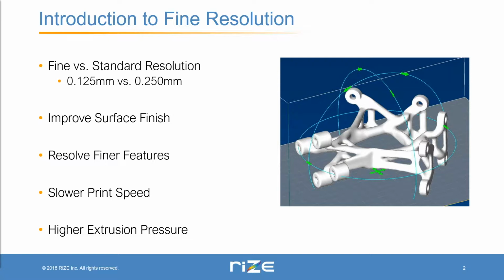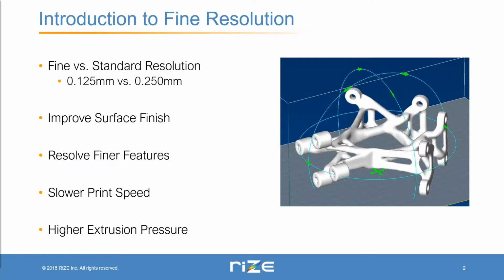So this is only the vertical resolution. The horizontal resolution can be much higher, but it's also limited by the minimum thickness of individual toolpaths, which is approximately 400 microns. So some of the things that using fine resolution can help you to accomplish is to improve surface finish in some cases, as well as resolve finer features than you could achieve with standard resolution.